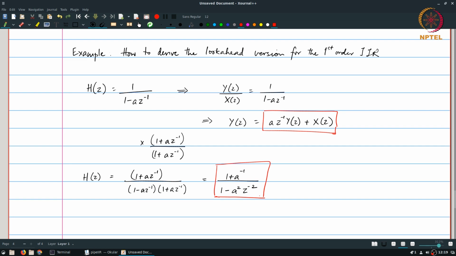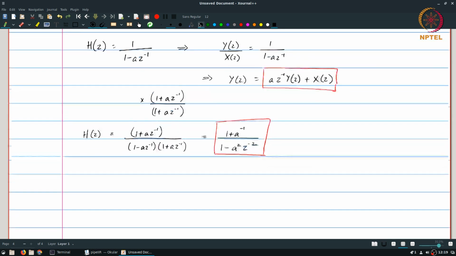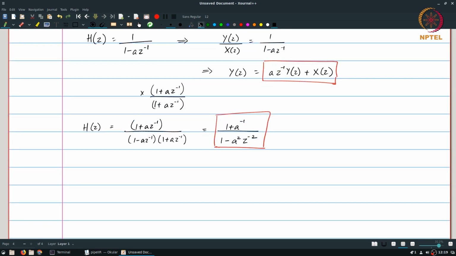When you go back and look at the original structure that we had derived a short while earlier by expanding out y of n minus 1 in terms of y of n minus 2, you will find that this is exactly the same expression. It's just that we have derived it in a different way. The advantage of this technique is that it suddenly makes it a lot easier to understand how we could do this one step further.